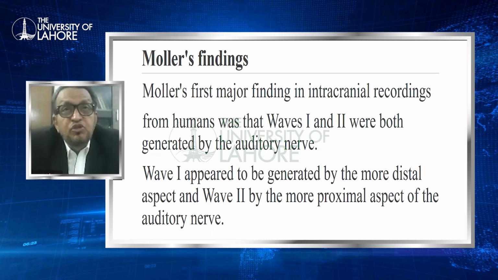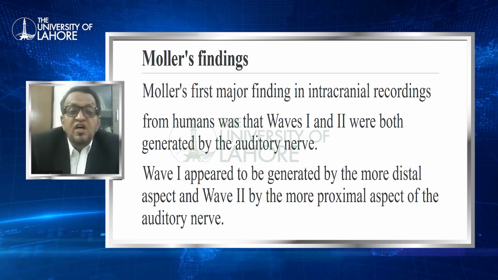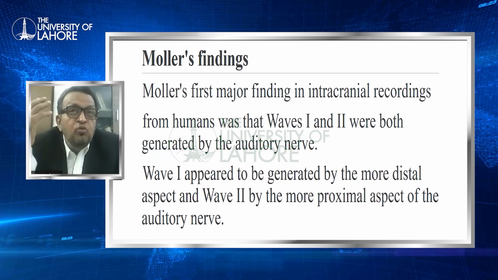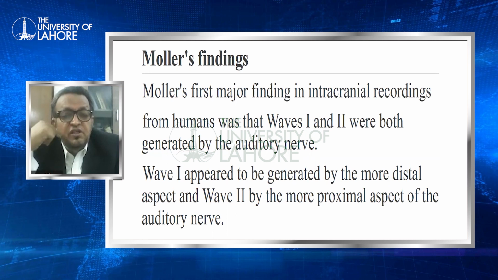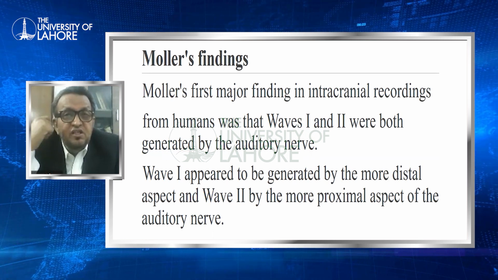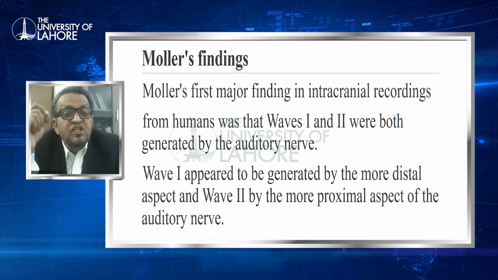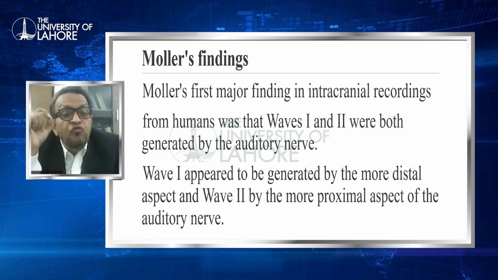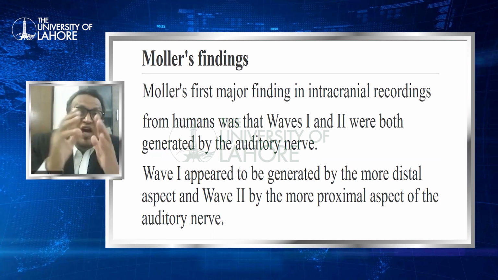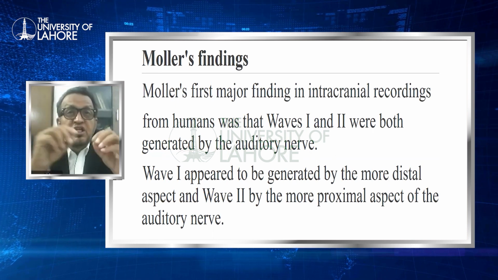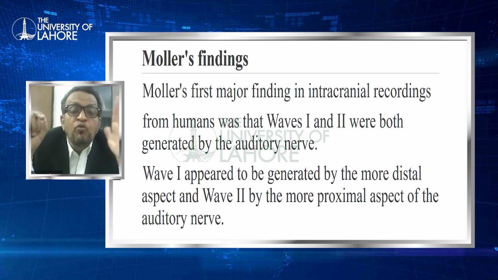First of all, we come to Moller's findings. Moller's first major findings in ABR were intracranial recordings, as we saw that the electrodes are placed and headphones on the ear. For humans, wave 1 and 2 were both generated by the auditory nerve. As the auditory nerve leaves the cochlea, it produces wave 1.